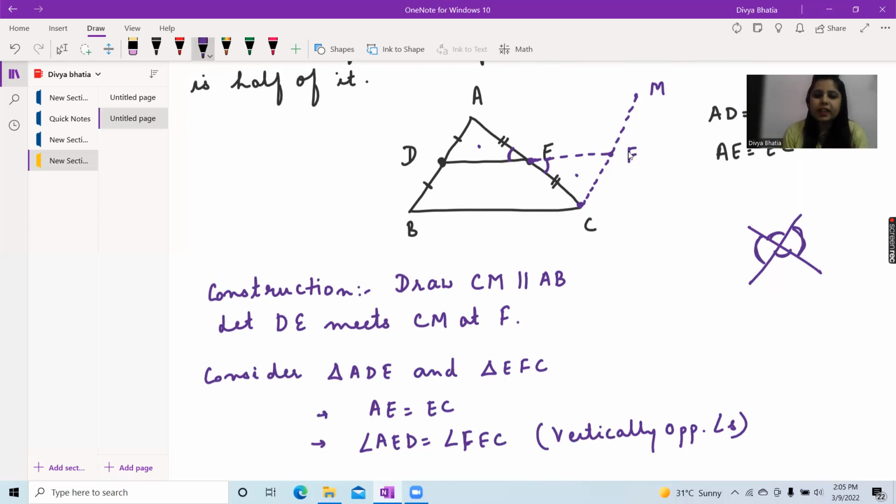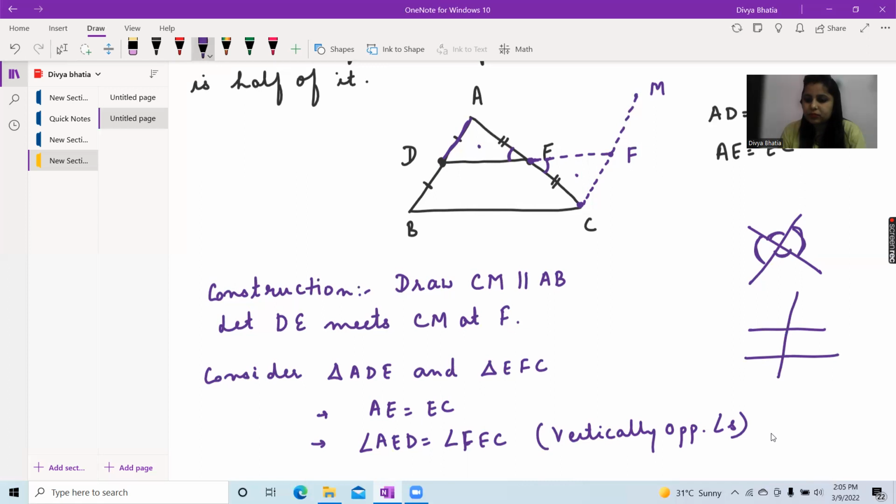Now, when I've drawn the CM parallel to AB, this particular segment is also parallel to this line, right? So consider these two lines, AD and CM. These are two parallel lines and AC will act as a transversal.